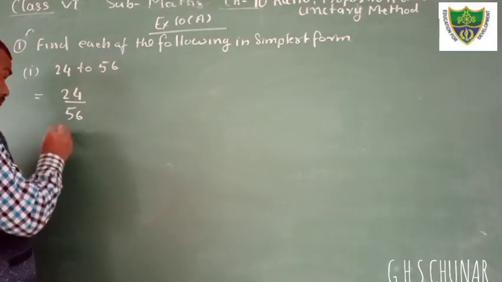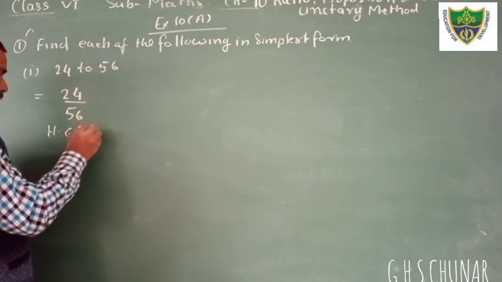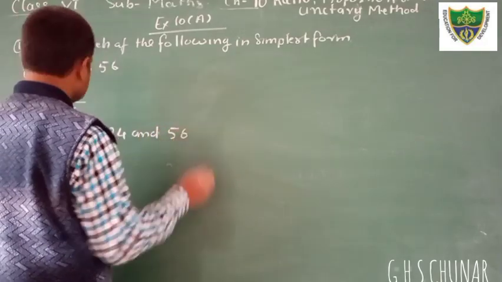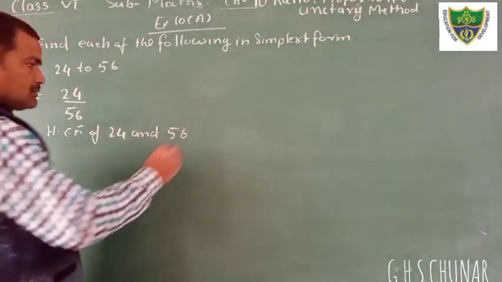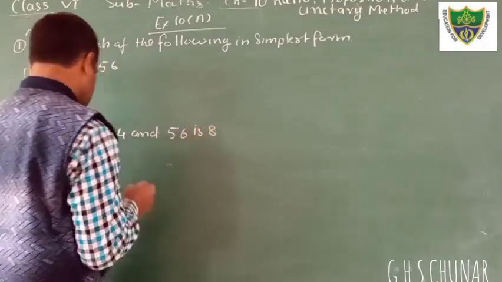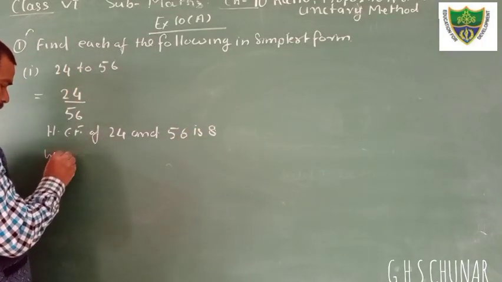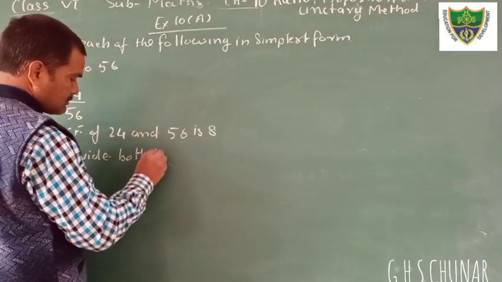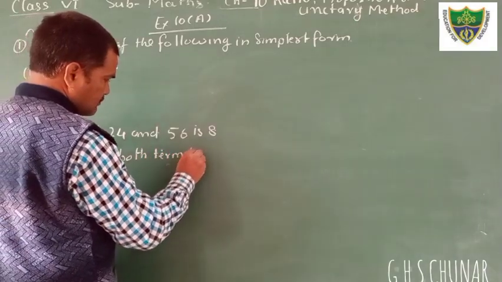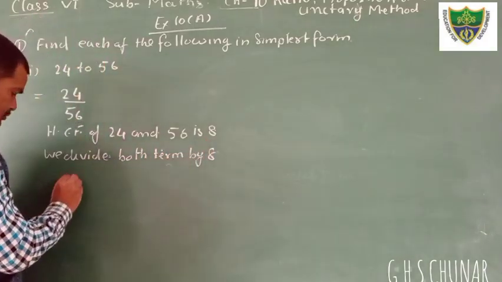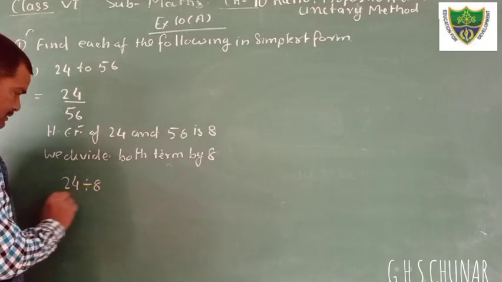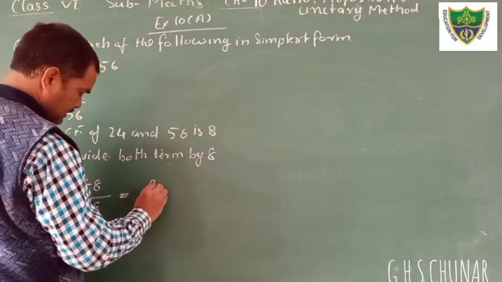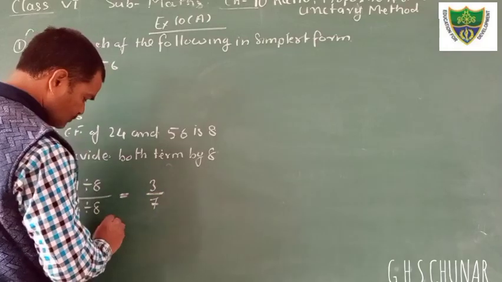Now, the HCF of 24 and 56 is 8. We divide both terms by 8, that is 24 divided by 8 and 56 divided by 8, that is 3 upon 7, that is 3:7.